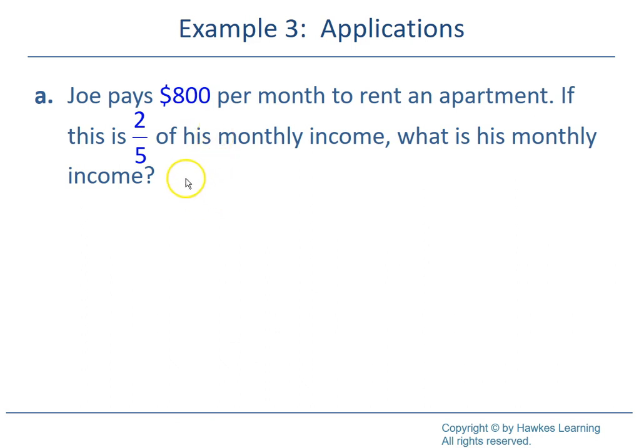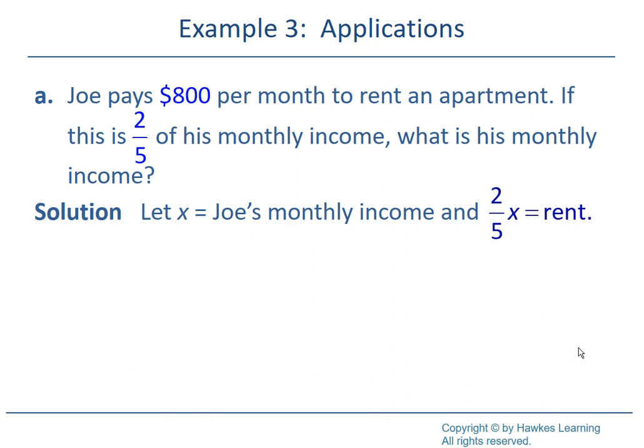No. So that will be our unknown. So let X equal Joe's monthly income. So 2/5 of this unknown monthly income equals the rent, which is $800. So there's our equation.